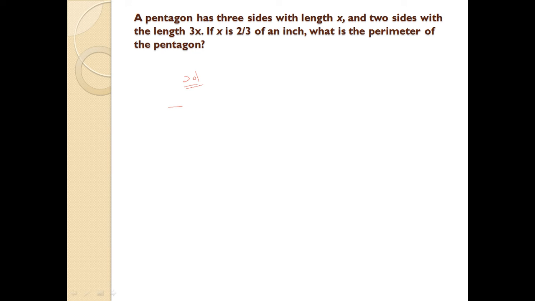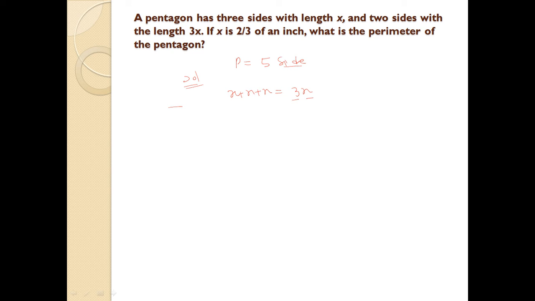A pentagon means 5 sides in total. The perimeter is the summation of all 5 sides. We are given 3 sides with length x, so x plus x plus x is 3x.